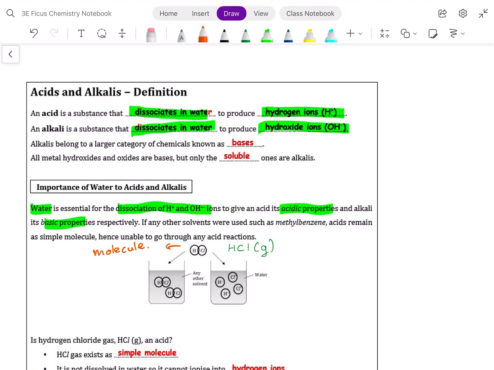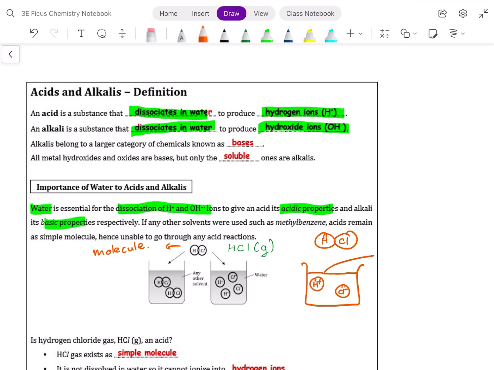There are no ions down here, but the moment you throw it inside water, what you notice is it breaks up into H+ and Cl-. Down here is if I draw it a bit bigger, but I think you can still refer to the diagram. Your eyes should be sharp enough. You break it down into H+ and Cl-.